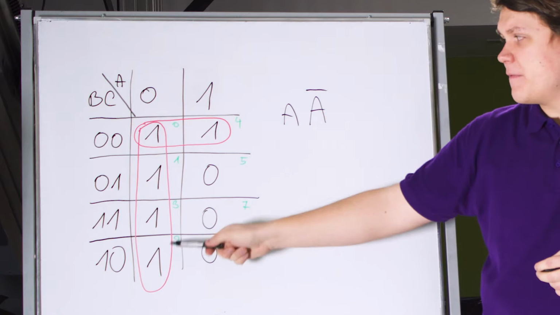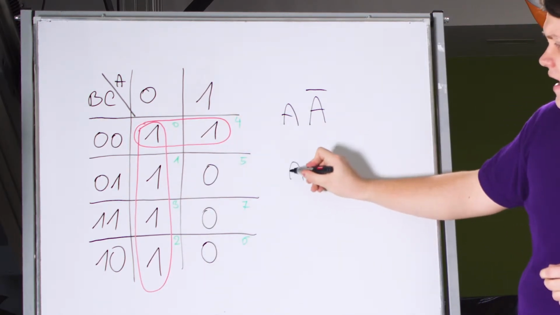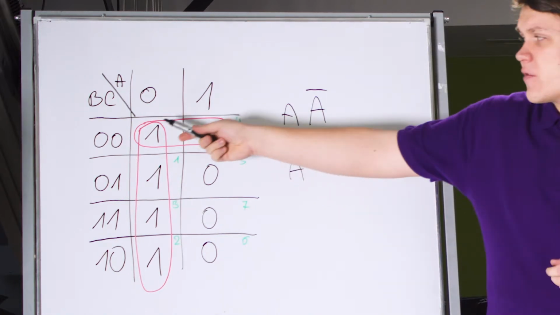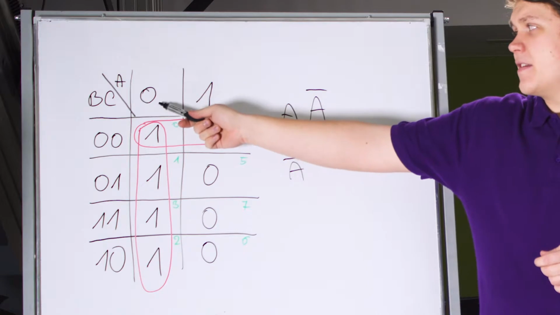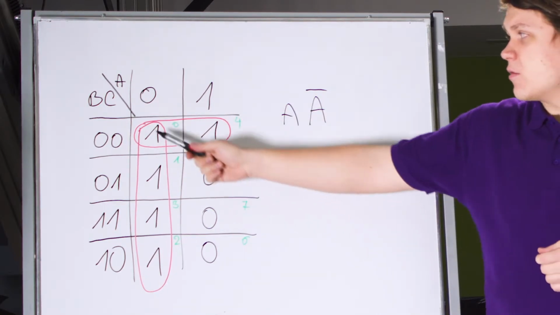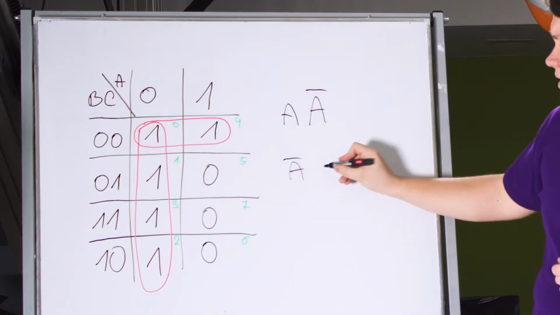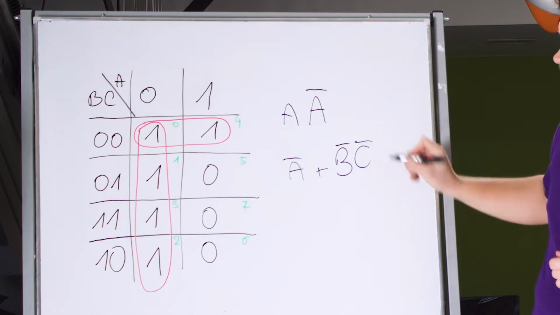Here we will have only ones. So this group can be represented as A false, and this group depends only on B and C. It doesn't matter whether A is 0 or 1, here we also have 1 and 1. So this group can be represented as no B and no C.